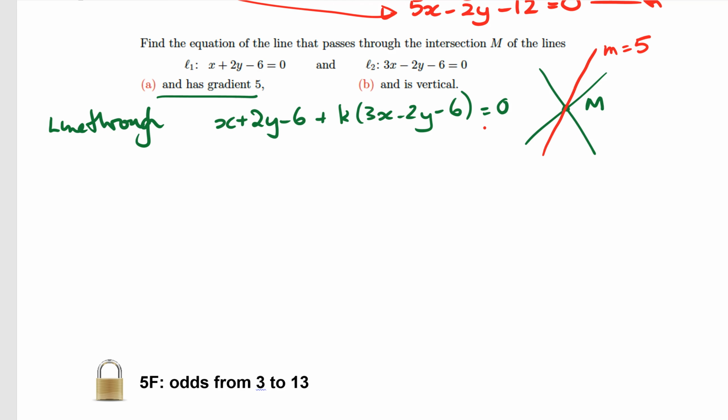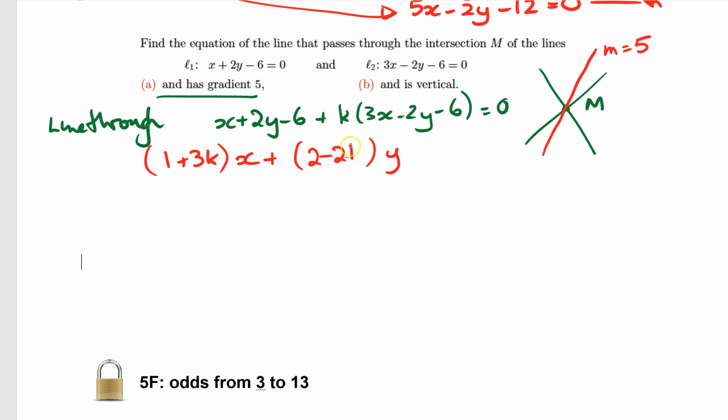So if we did that, what would we have? Well, we know we have to have x, and it gets multiplied by a coefficient. What's the coefficient? Well, it's 1 just here, and it's 3k from there. So 1 plus 3k. And we have to have some y's, multiplied by a coefficient. Well, there's 2 y's here, and there's minus 2k y's there.